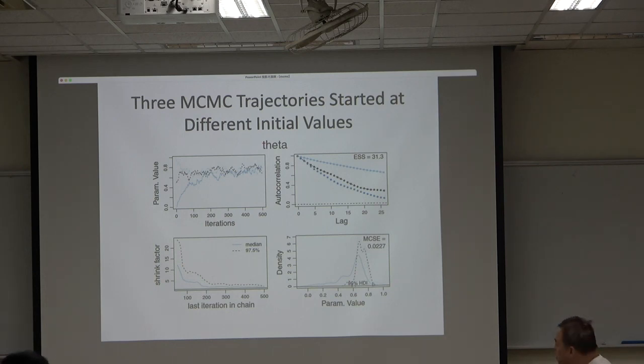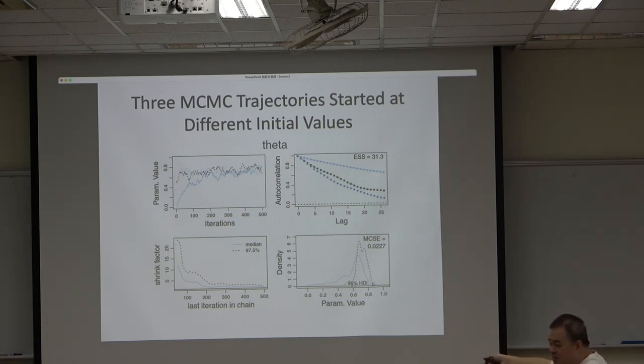In the first 500 iterations, you can see these three chains were initialized at different locations, and they just got started, so they gradually converge to the area that has higher posterior value, somewhere close to 0.8.